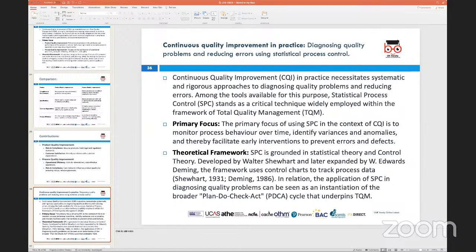So the process here begins with collection of data. The collection of data is done over a period of time. A lot of data is gathered in terms of data points over time, and that data is then analyzed using statistical tools to create what are called control charts. These control charts essentially allow the processes to be monitored and checked in order to avoid any variations that can happen.